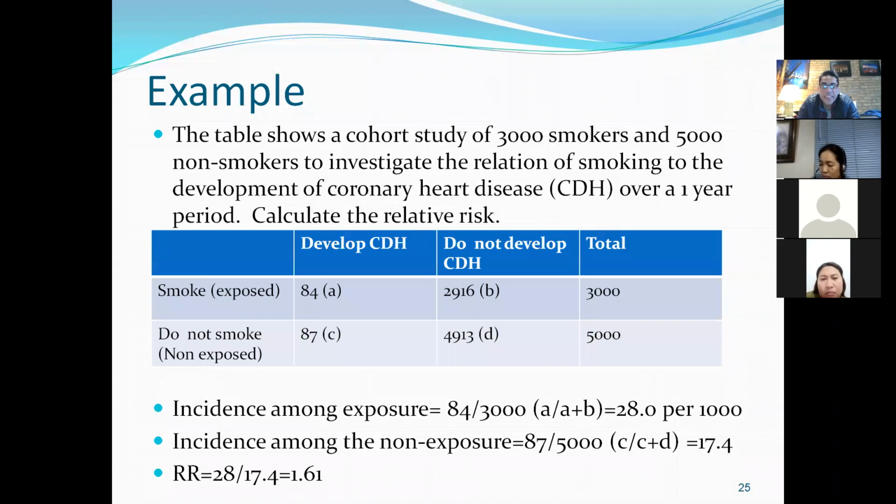And then for the incidence among the non-exposure, which is your 87, which is your C, divided by C plus D, that is 87 plus 4,913.